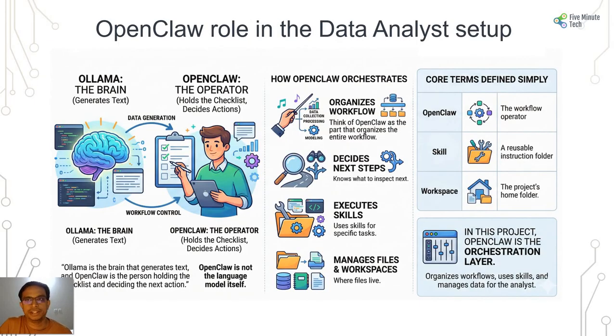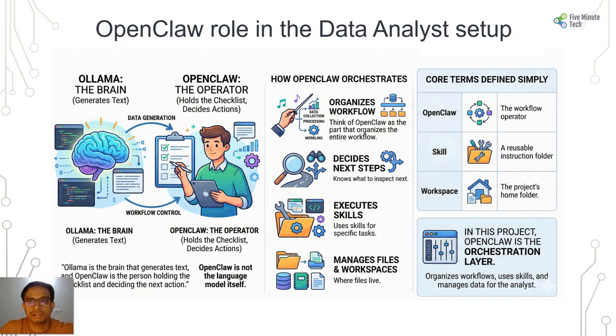OpenClaw's role in the data analyst setup: our setup will be more aligned with Ollama, which will be the brain, generating the text, whereas OpenClaw will be acting as an operator, performing a checklist of items or deciding a specific set of actions to be performed.